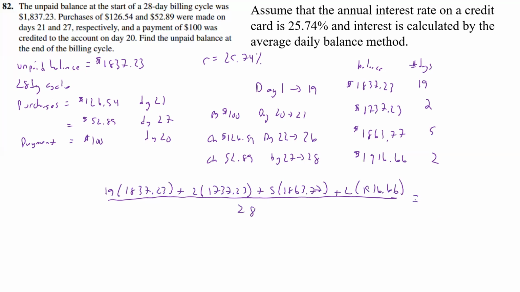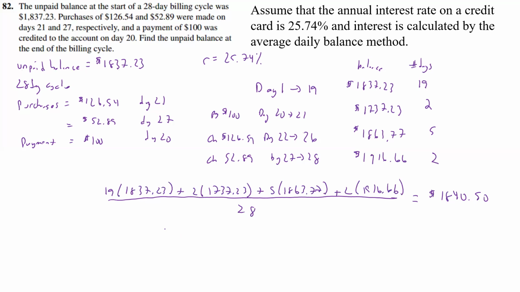I'm going to do that on my calculator because I can't remember all that. So 19 times 1837 plus 2 times 1737 plus 5 times it, and all that divided by 28. We get a value of $1,840.50 as our average balance.